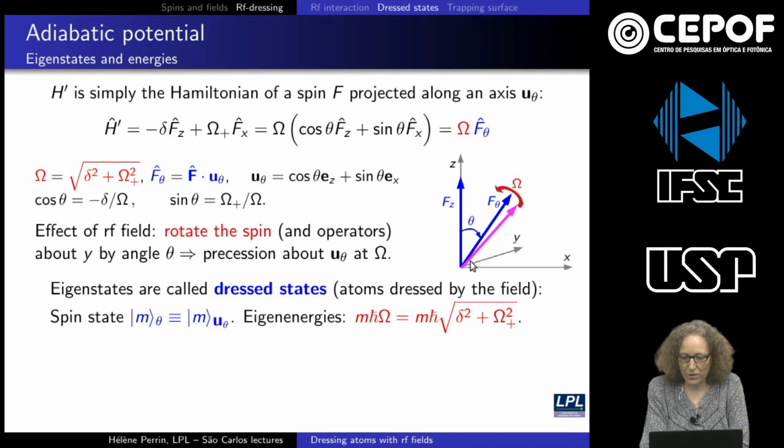So this is our new situation. So the eigenstates, which are the eigenstate of f theta, are called the dressed states because the atoms now are dressed by the RF field. And so they write m in the direction theta, and their eigenenergies are just m times h bar omega, or if you prefer, m h bar times square root of delta squared plus omega plus square.